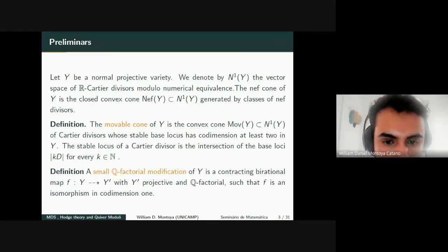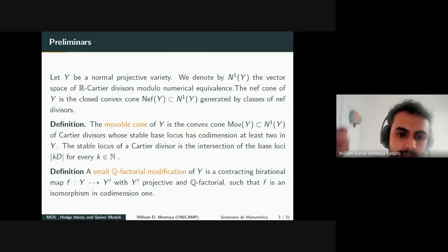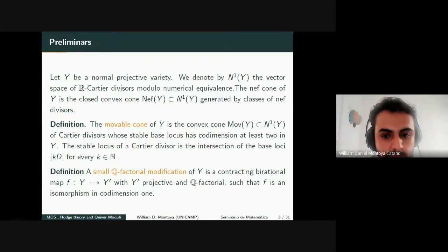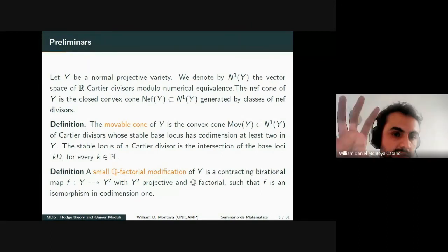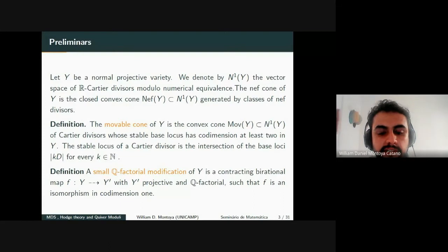A small Q-factorial modification of the variety is a contracting birational map to another variety, which is Q-factorial. Okay, and another thing that happens in algebraic geometry is that it also makes sense to have things intersect in rational numbers. So you can find that this divisor, or this surface, and this curve intersect in something like 1.5, and it is somehow measuring the singularities that the variety has.